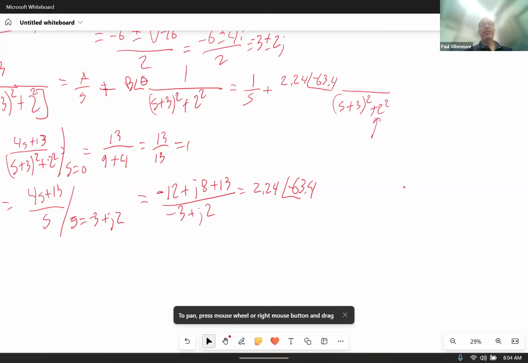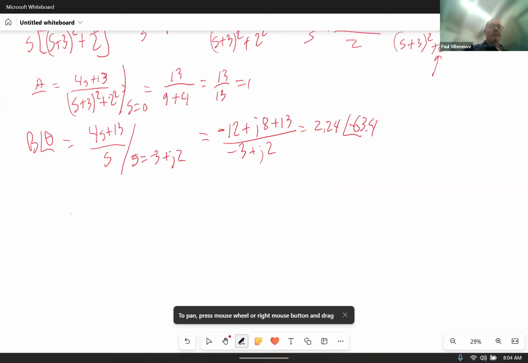Omega is 2, so I need a 2 over here to be able to use the Laplace table. I just multiplied 2.24 by 2 by including that in the numerator, so I don't want to change the result. If I multiply by 2, I have to divide by 2.